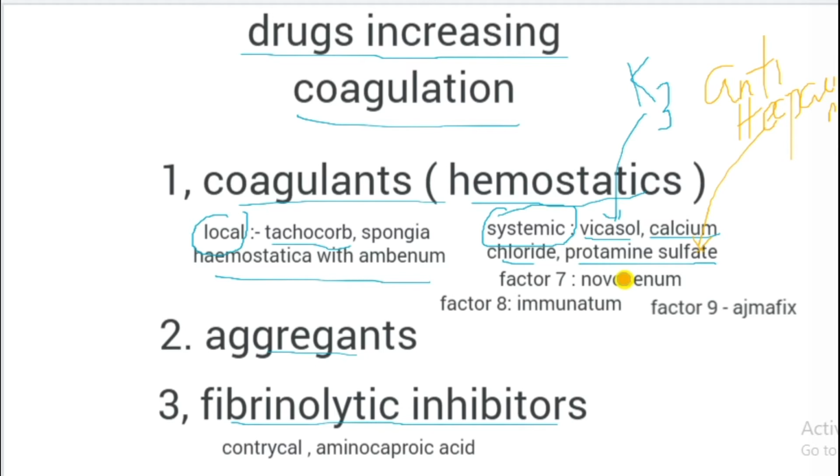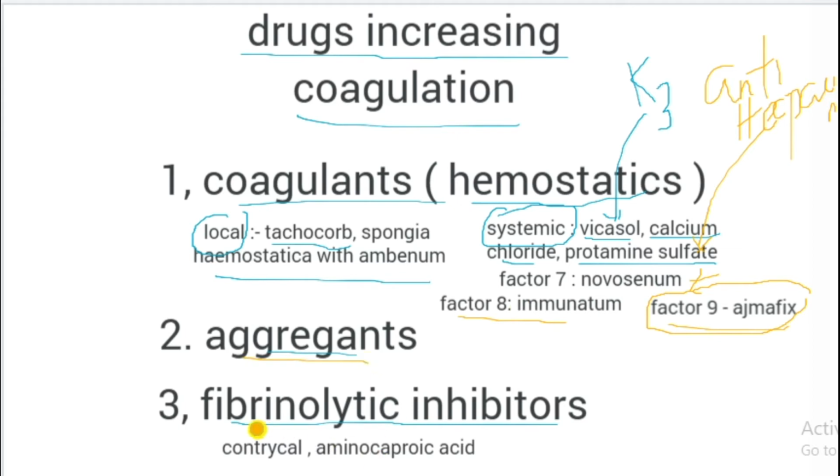Some patients don't have enough factor 7, so the extrinsic pathway will not occur. So we can add NovoSeven as an artificial factor 7. Then factor 8, Immunate. Factor 9, Immunine. These are the drugs we can prescribe for patients deficient in factors 7, 8 and 9. 9 is Immunine, 8 is Immunate, then 7 is NovoSeven.